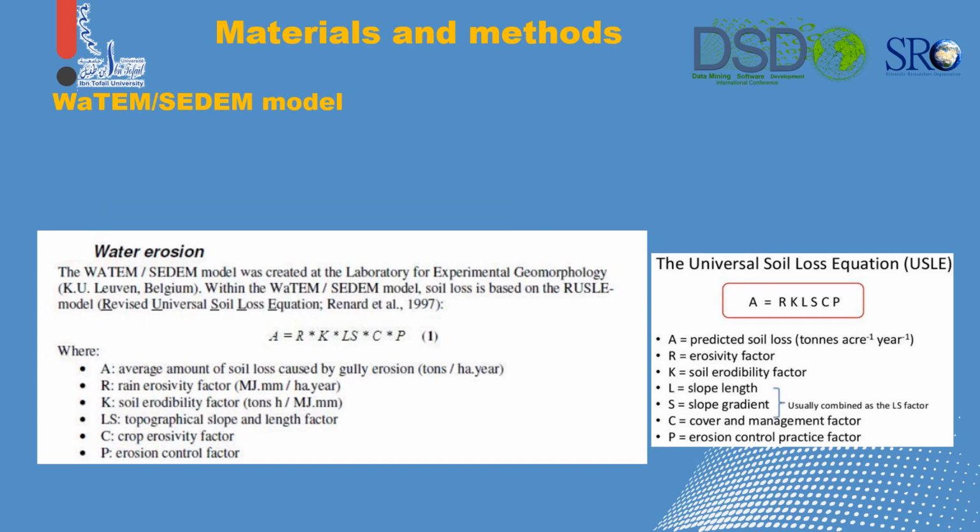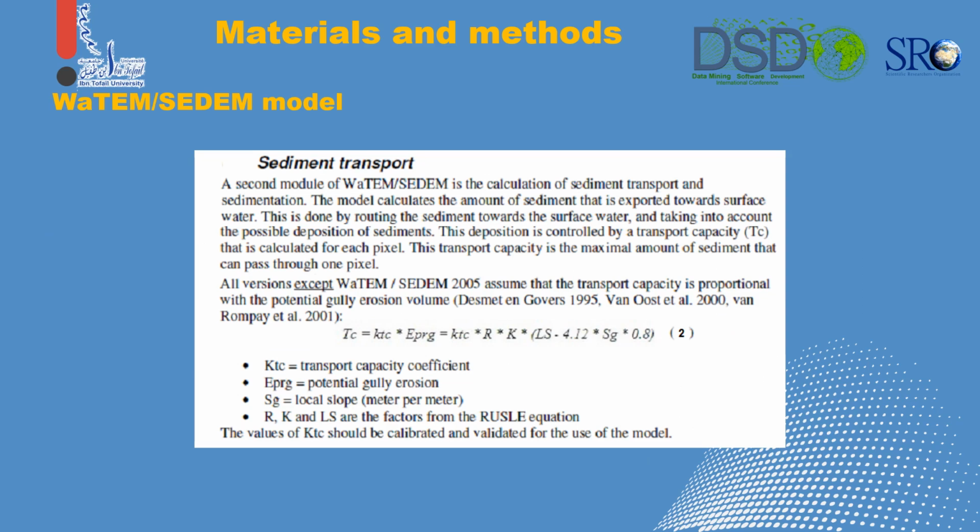Water erosion is calculated based on the Revised Universal Soil Loss Equation, following the first formula. A represents the average amount of soil loss and equals the product of five factors. Sediment transport is calculated using the TC equation.